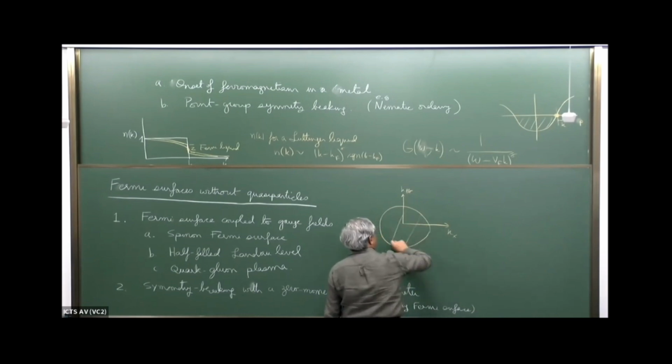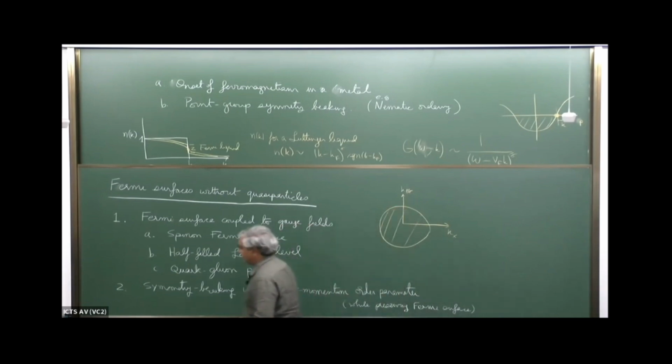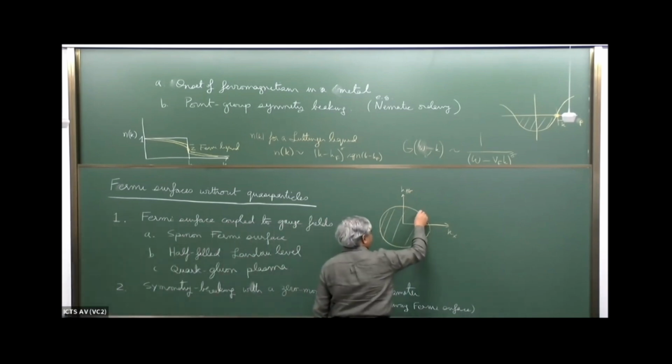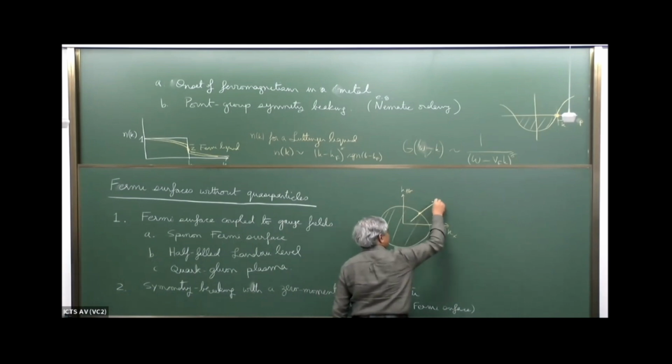These are the occupied states. And then you pick a point on this Fermi surface, say this point over here, and you call this direction, let me again, to be consistent, Px and Py.